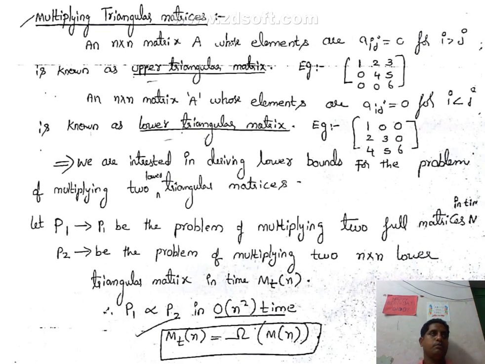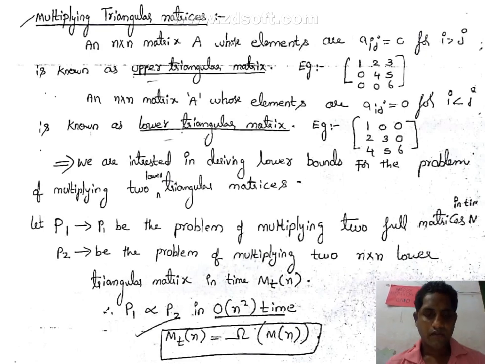Let P1 be the problem of multiplying two n by n matrices, and P2 the problem of multiplying two n by n lower triangular matrices in time MT of n. Then P1 is reduced to P2 in big O of n squared time, so MT of n equals omega of M of n.